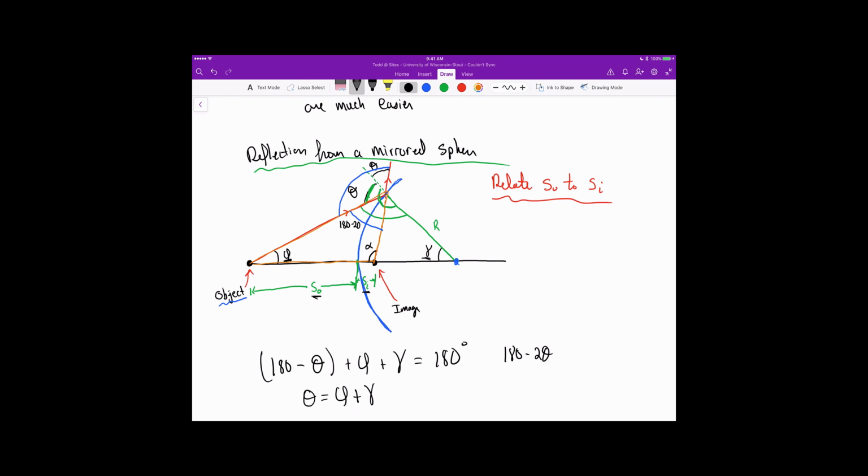And so the interior angles of that smaller triangle are 180 minus 2 theta plus phi plus alpha is 180 degrees, or 2 theta is equal to phi plus alpha. All right, so now I have some equations that are relating theta and phi and all those things together, and that gives me a good starting point for my next step.